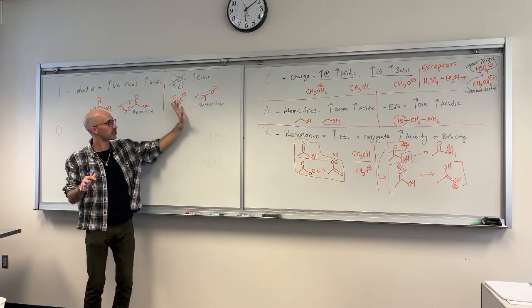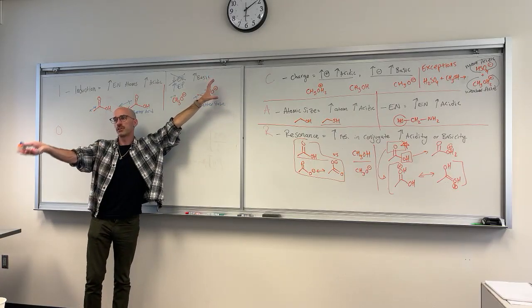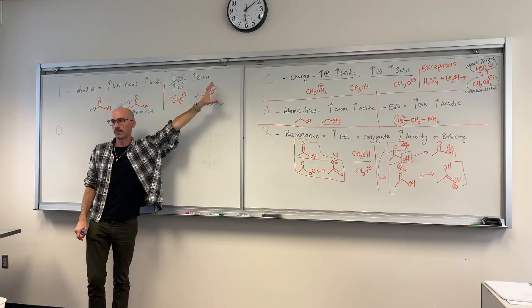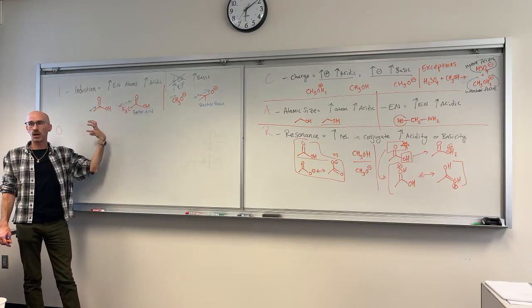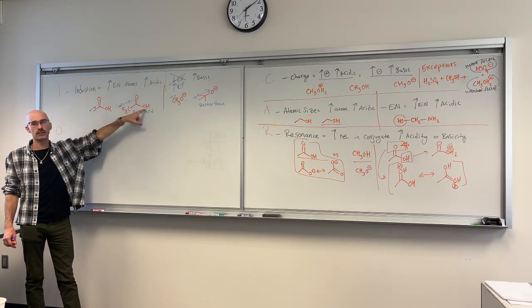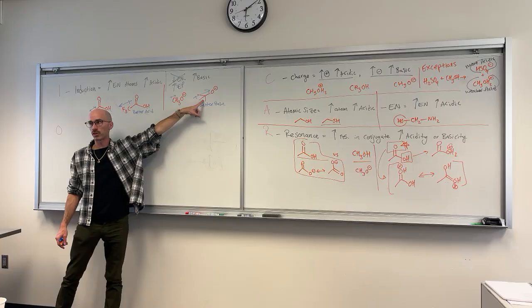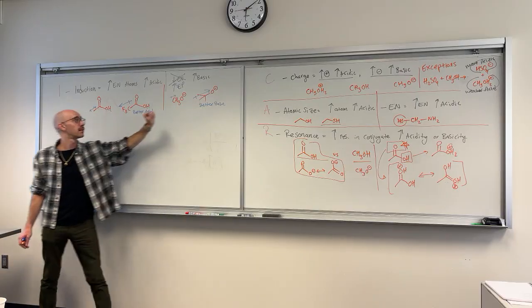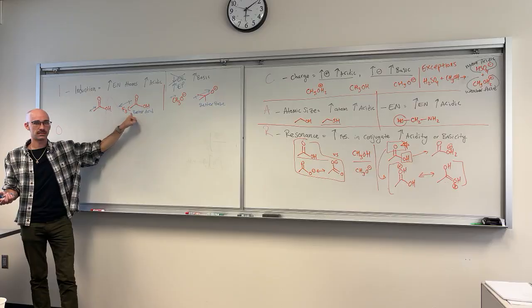So this is pushing on that oxygen, which makes it want to share its electrons more. Whereas this is pulling away from that oxygen. So if it has a negative charge, it stabilizes it. Destabilizes the negative charge, makes it a better base. Stabilizes the negative charge, makes it a better acid.